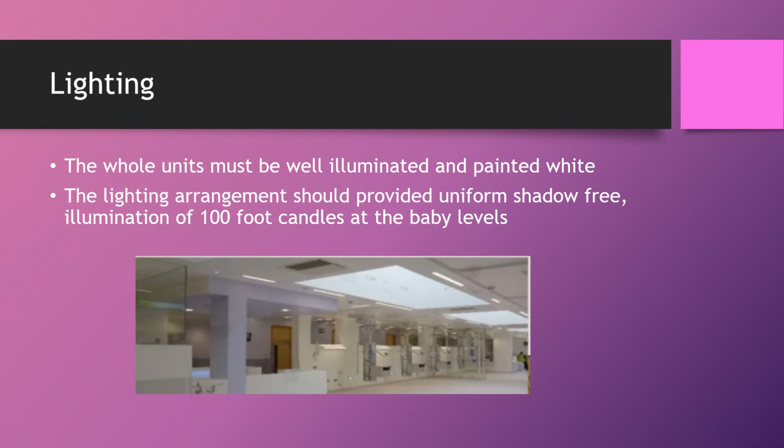The light has to be illuminated and the walls painted white to observe the colors. The lighting arrangement should provide uniform shadow-free illumination of 100 foot candles at the baby level. Inside the NICU, they have to maintain proper light settings. Next, please.